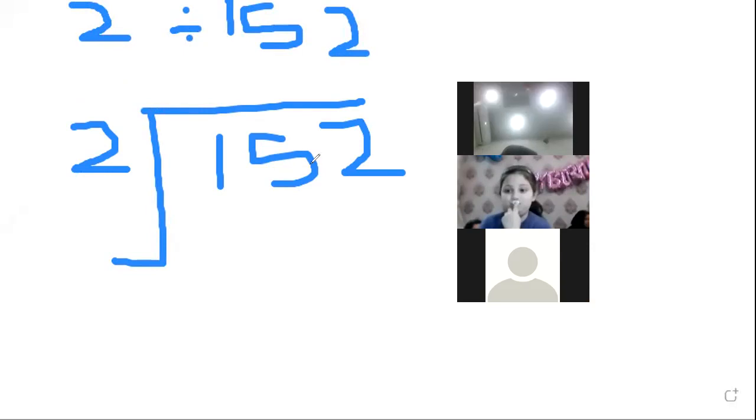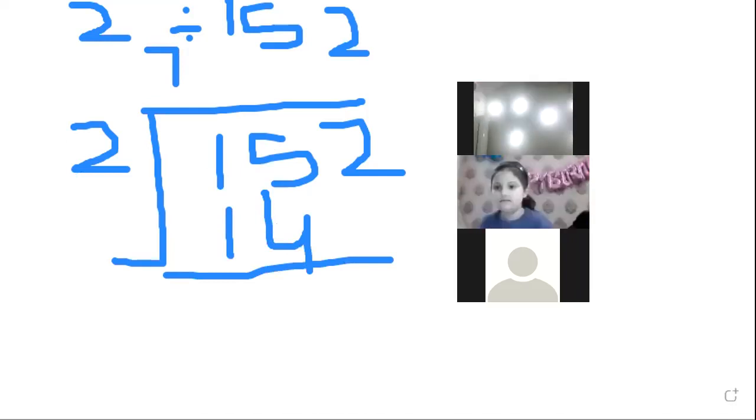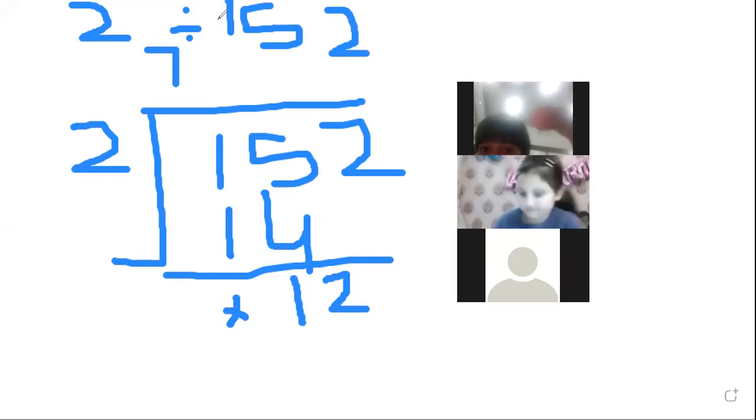Therefore, we will find a number which is less than 15 and is present in the table of 2. So 2 sevens are 14. Then we will do subtraction. 5 minus 4 is 1 and 1 minus 1 is 0. Now we will take down 2. Now it's 12. 2 sixes are 12.